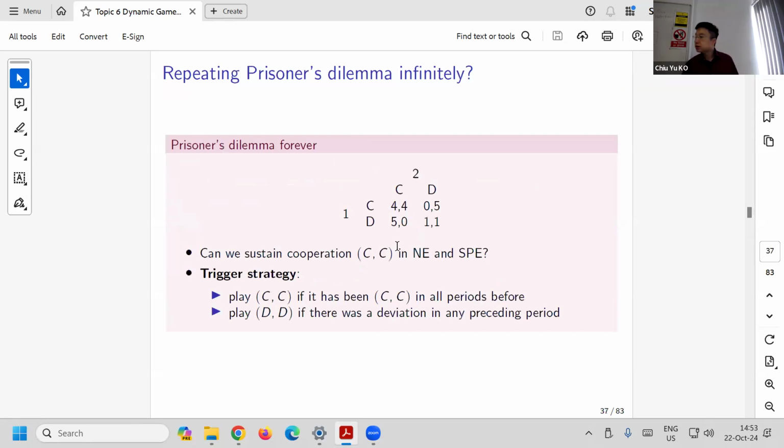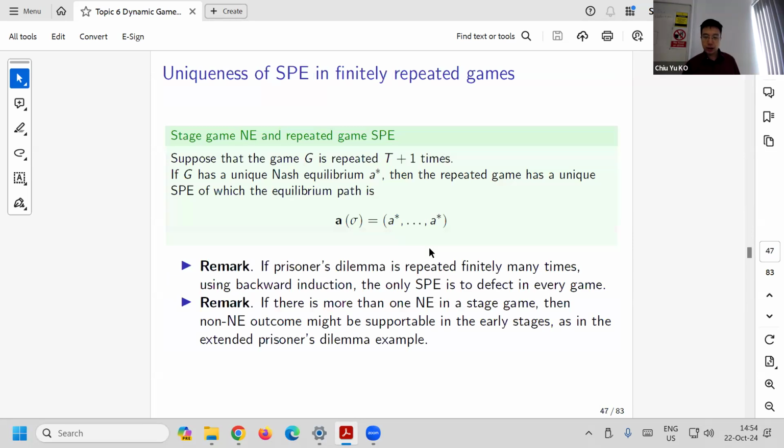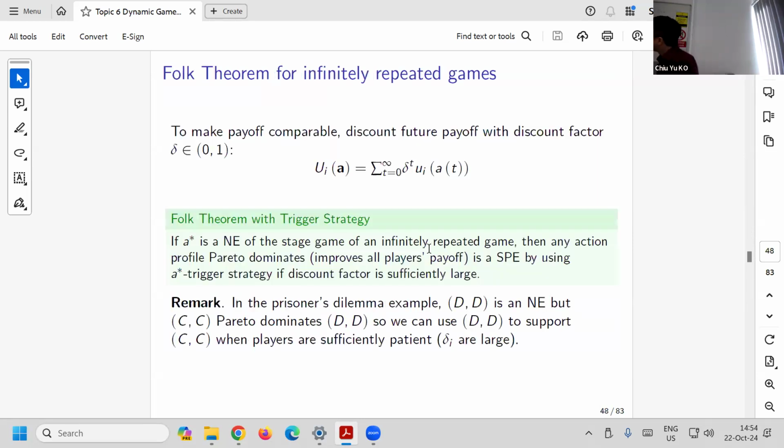The example is like this, 4, 4, 1, 1. It says any equilibrium payoff that's strictly more than 1 can be sustained as a subgame perfect equilibrium. So you can sustain the payoff on average of 3, any number is fine: 3, 4, 3.5 is doable, as long as you allow people to be patient enough.